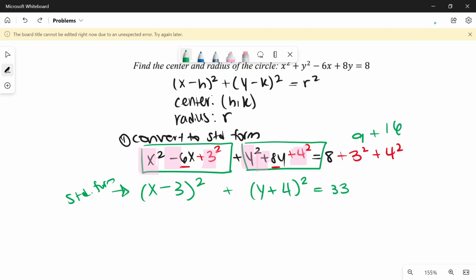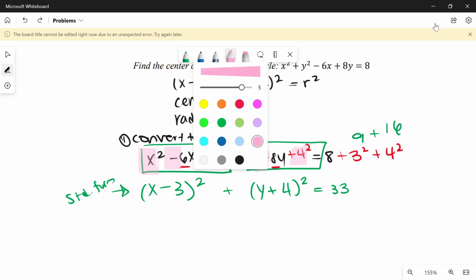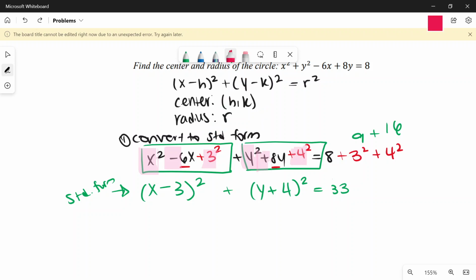Again, your center is your h and k. So we know that h over here is this over here, so your center is 3. Whatever sign you see here, just put the opposite. If it's a negative sign, then have this as a positive 3, because by default it's negative.